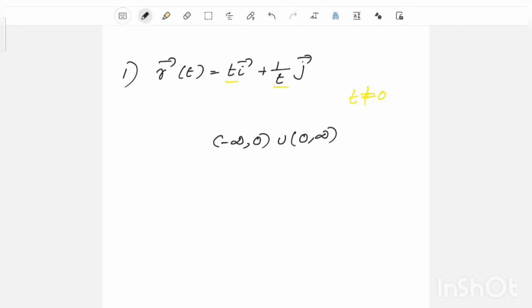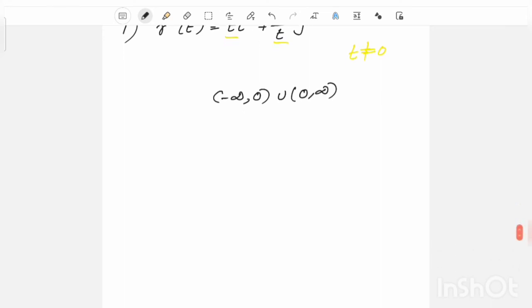Of course, as a domain of a function, any subset of this can be taken. But for such problems, we will usually find the maximum possible subset of the real line in which this function can be defined. And here our parameter interval is (-∞, 0) ∪ (0, ∞).